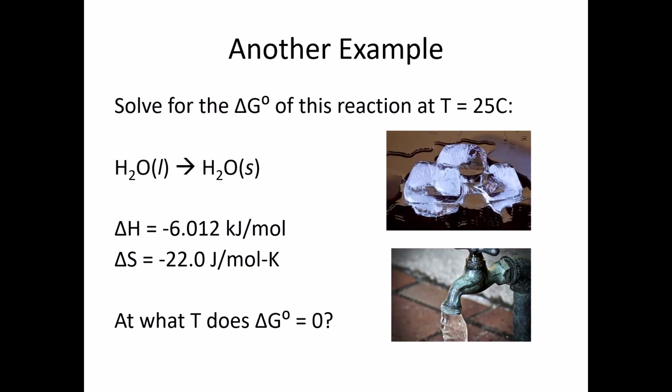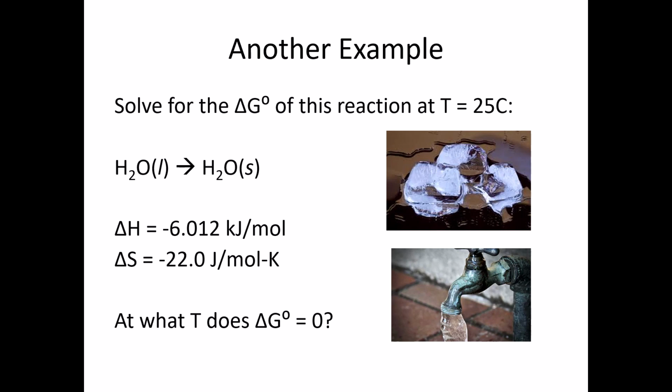We can also use Gibbs free energy to look for equilibrium. Equilibrium we're going to look at here in terms of phase change. When we have a substance changing between a solid and a liquid, or a liquid and a gas, we have equilibrium between the two phases.